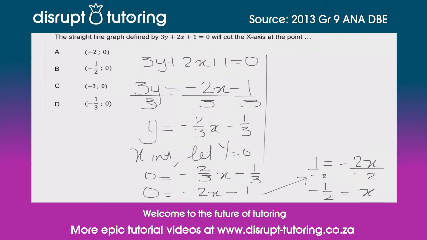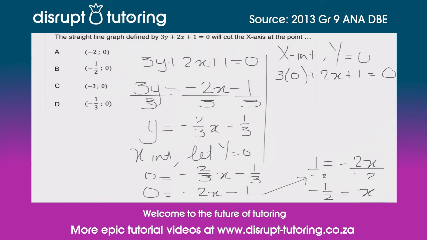The other way is to take the equation they've given us as is. We know that the x-intercept is where y is equal to 0, and we substitute that in immediately. So we say 3 times 0 plus 2x plus 1 equals 0.